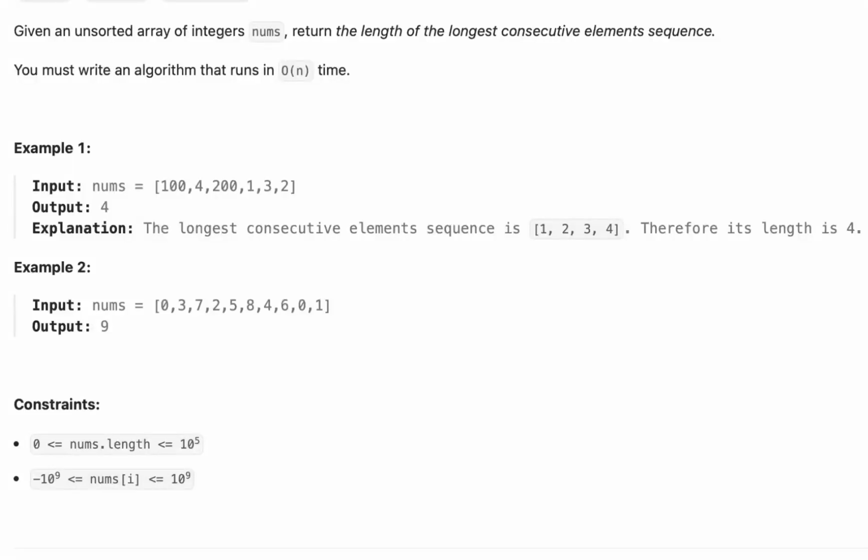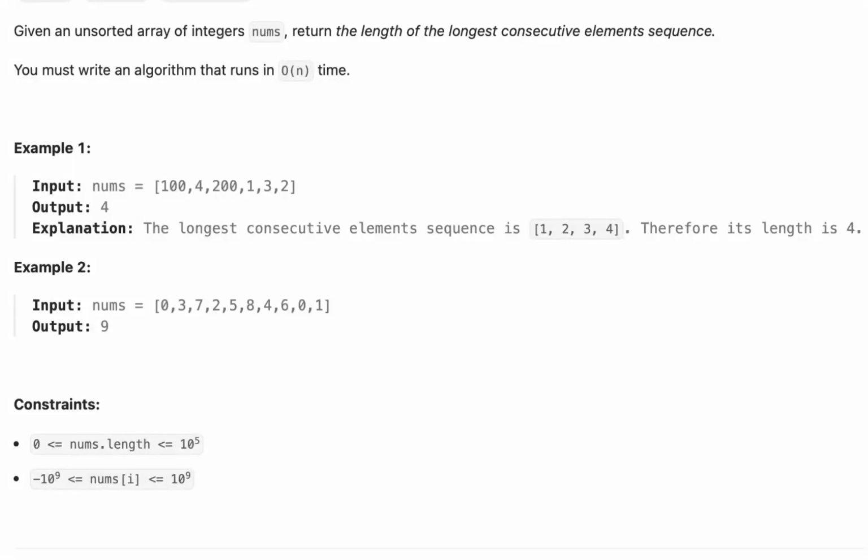So as soon as we have the numbers 1, 2, 3, 4 in there, we take them into account. Okay, so the order does not matter. What matters is whether they are present or not in nums, right?